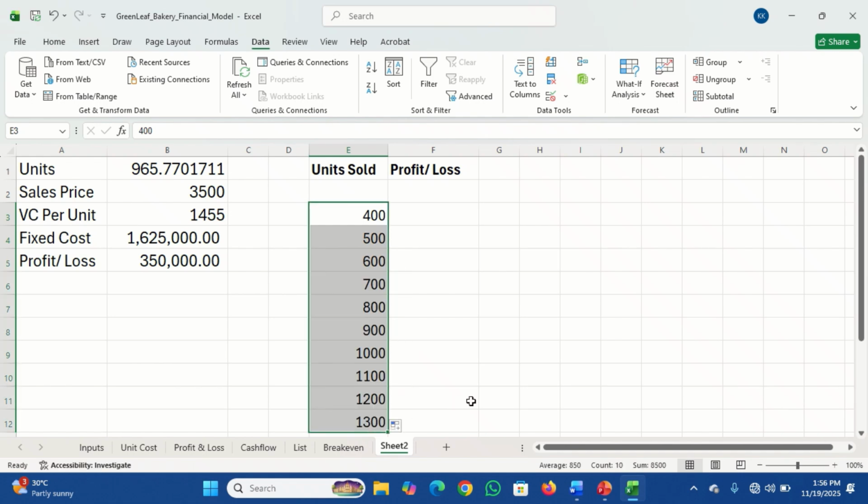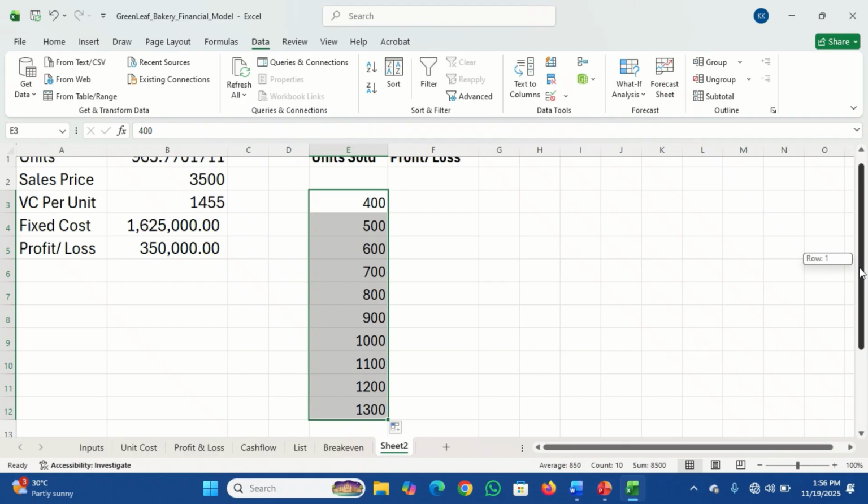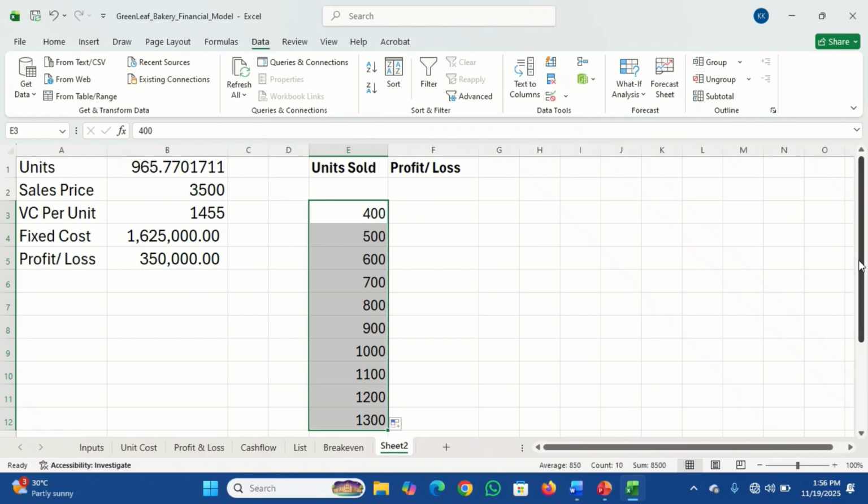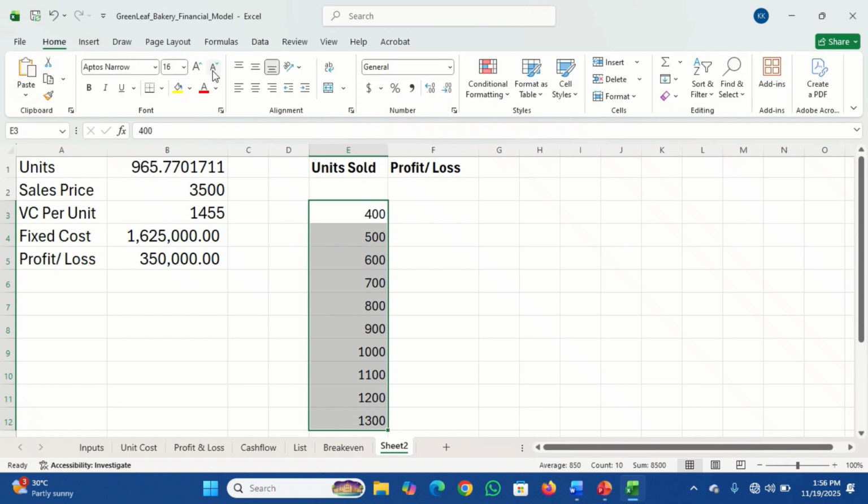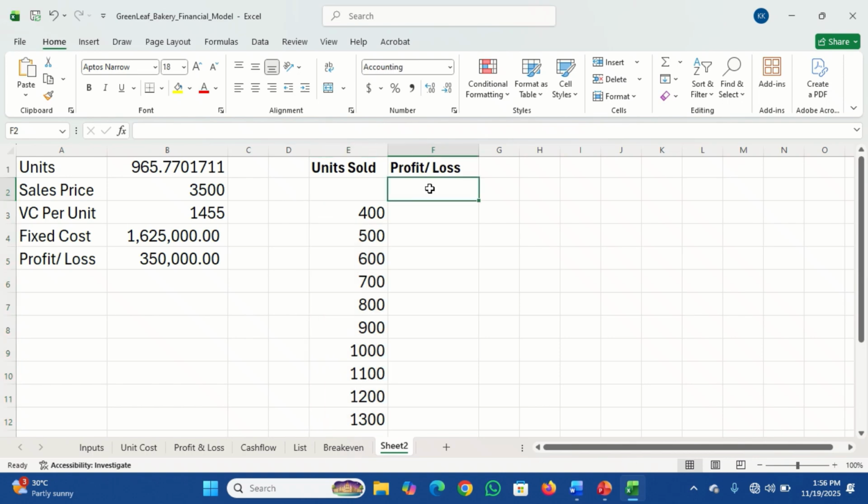You can increase it to as much as you want, but let me just stop here. Let me reduce the font size a bit. No, it doesn't work. Leave it the way it is. So here our profit and loss equals this calculation.